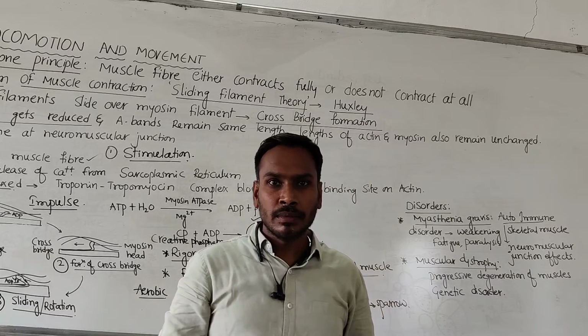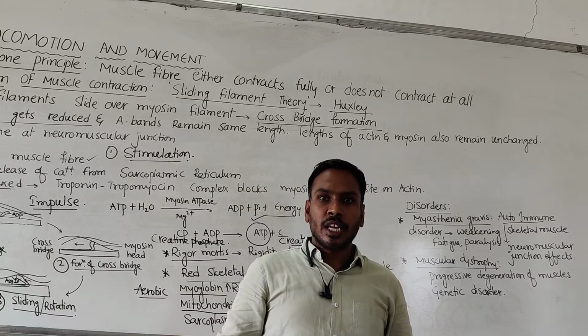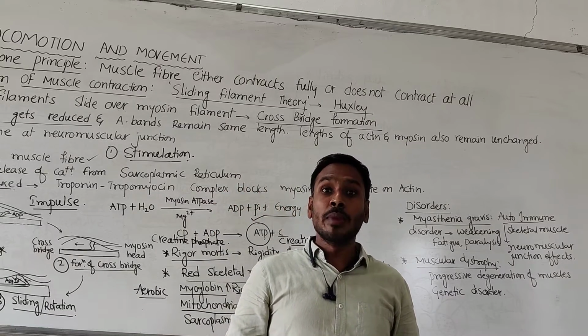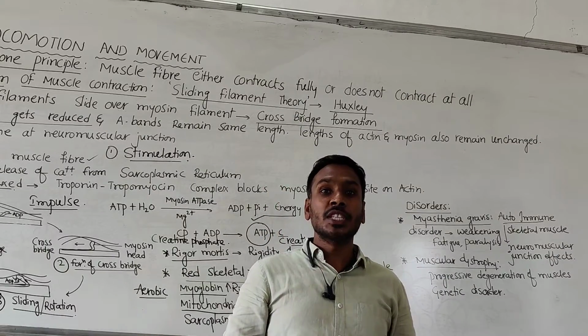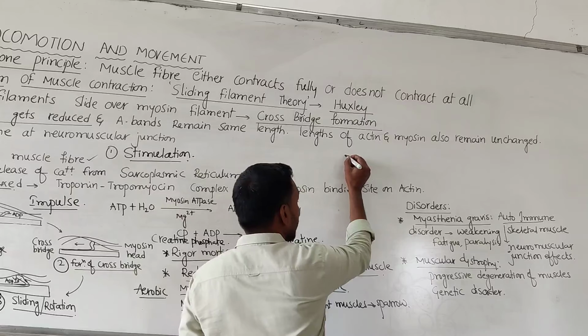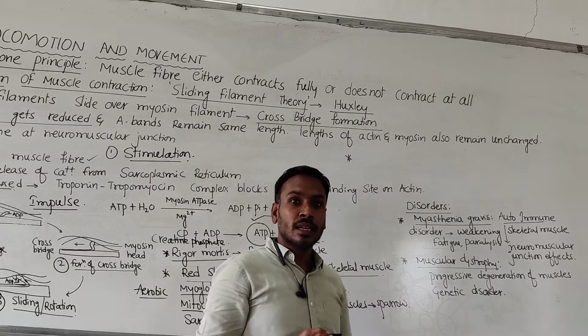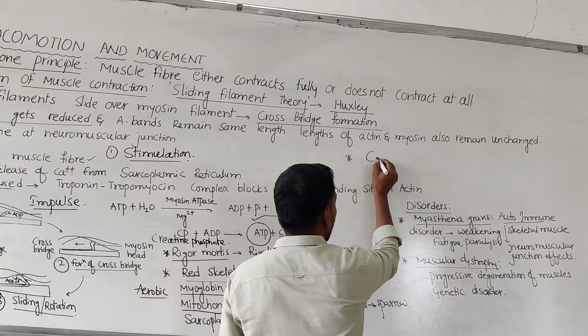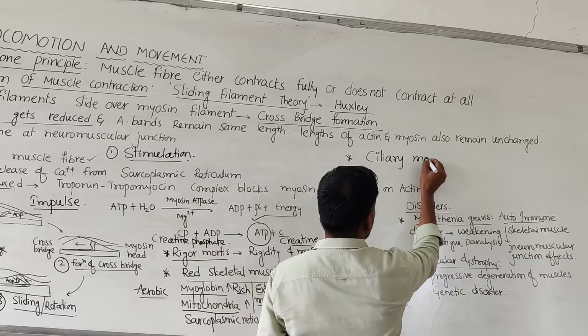For example, in the fallopian tubes, the movement of the gametes, which type of movement does it come under? It is ciliary movement.